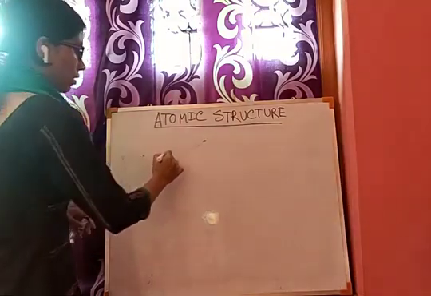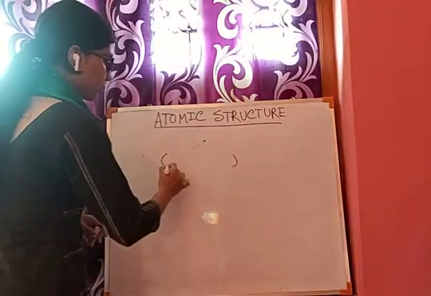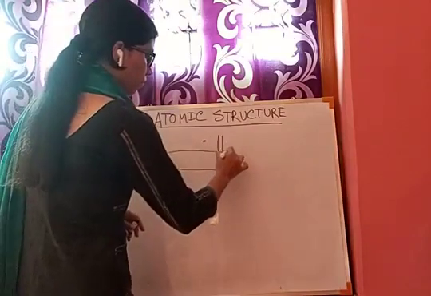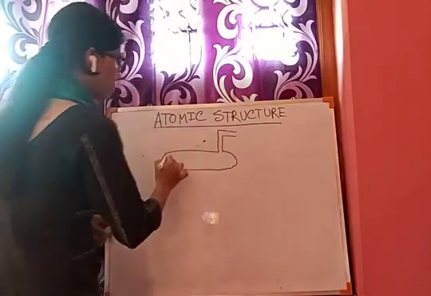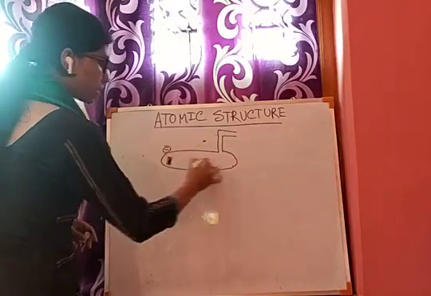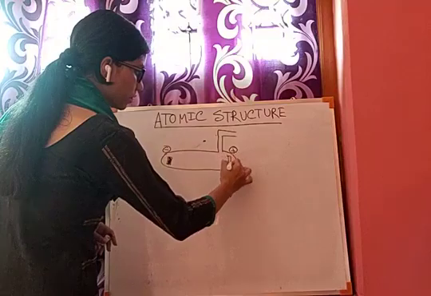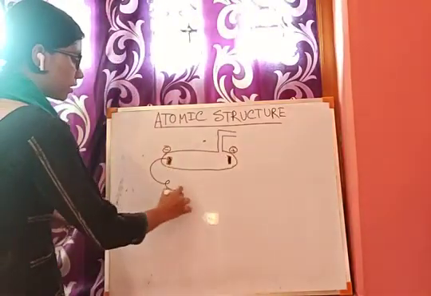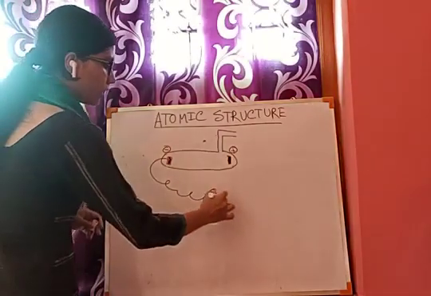So about the discharge tube, there is a vacuum pump, here is some plate that is negatively charged, that is the cathode, and here is a positively charged plate, that is the anode, just like a battery, positive and negative side, and it is connected to an induction coil.